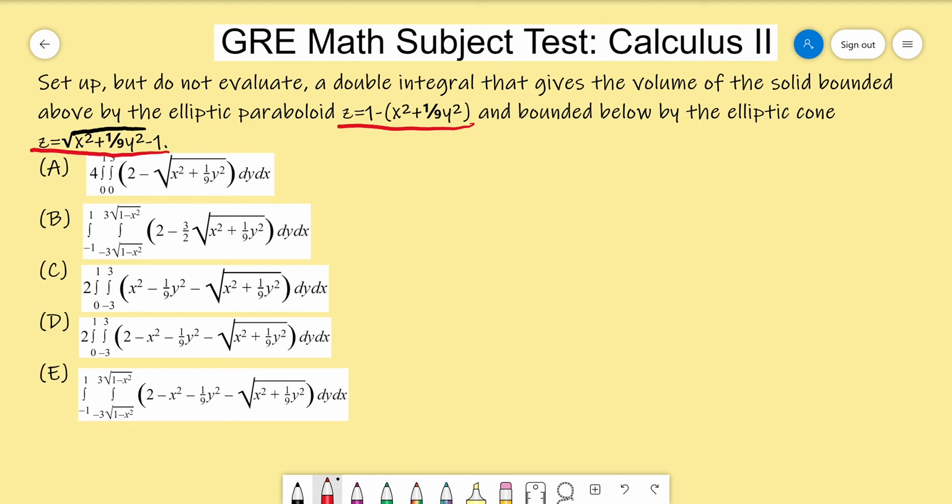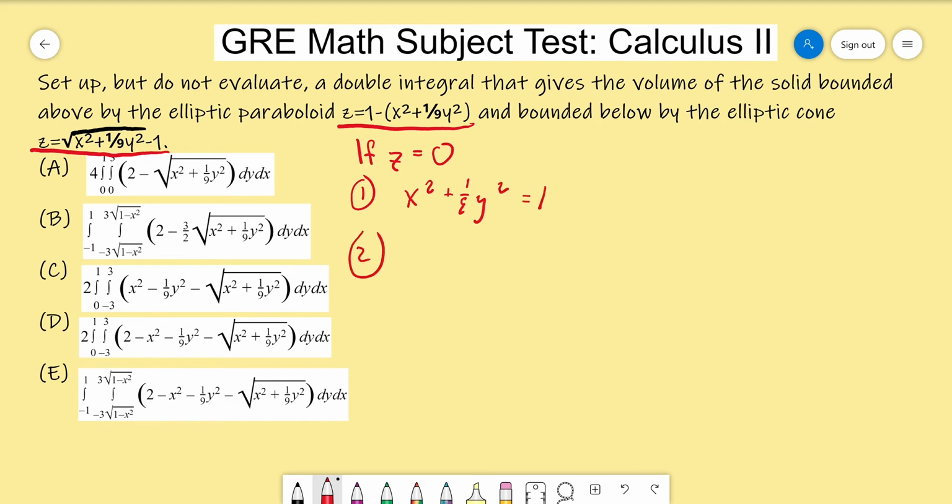So the trick here is to realize that these two surfaces intersect when z equals 0, in other words, at the xy plane. The way to see that is to notice that if z equals 0, then the first surface can be represented by the graph of x squared plus 1/9 y squared equals 1.